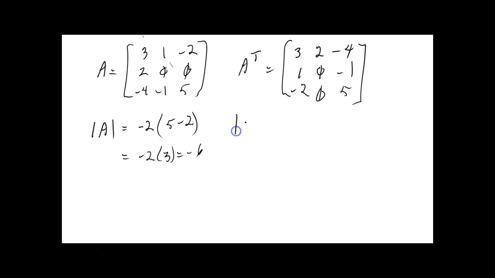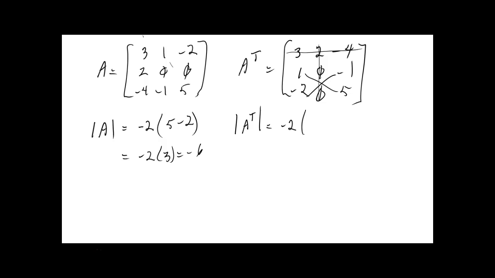Now, how do you determine the determinant of that transpose? Go to the second column. You know, duh. I mean, it's the same. So use the second column, and that's in a negative position, negative 2 times the determinant that's left over, what you call the cofactor.